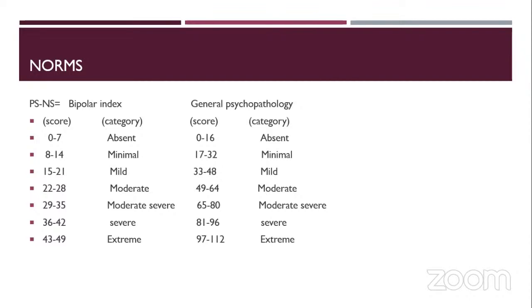But in the case of PANSS, the norms are available. That's why we are showing the norms. So you can see how the general psychopathology score works: when the score is 0 to 7, it is absent, then 8 to 14 minimal, 15 to 21 mild, 22 to 28 moderate, 29 to 35 moderate severe. So this is how the norms come.